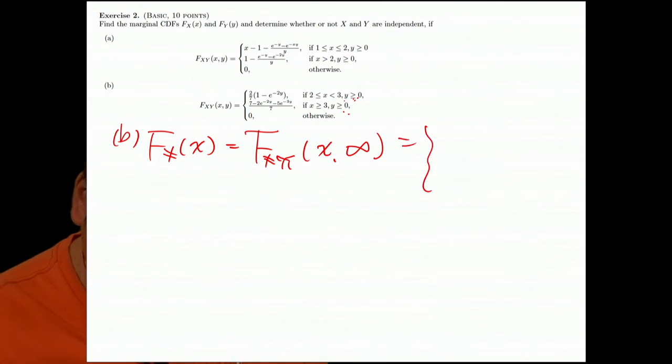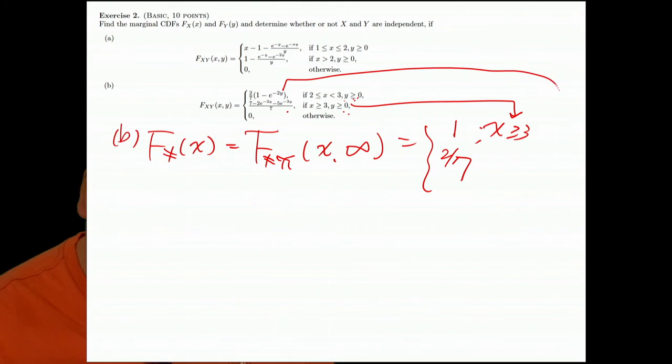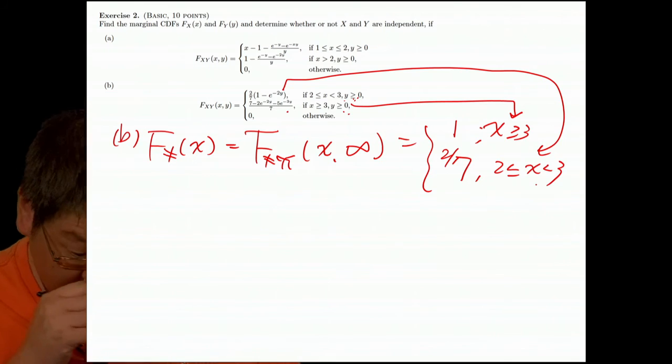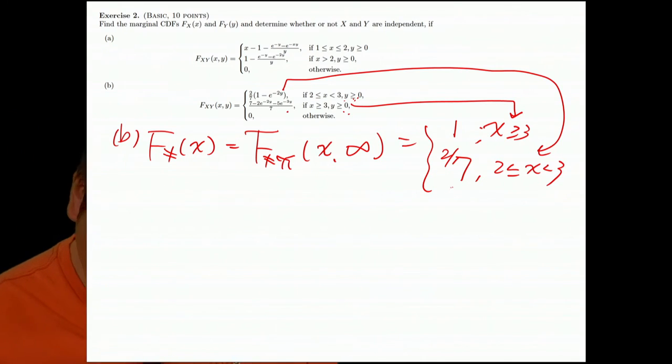So here I can get 1 when x is greater than 3 for this part. And 2 divided by 7 here in this part when x is from 2 to 3. And 0 otherwise.